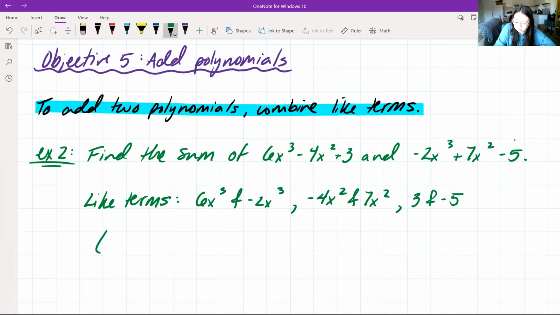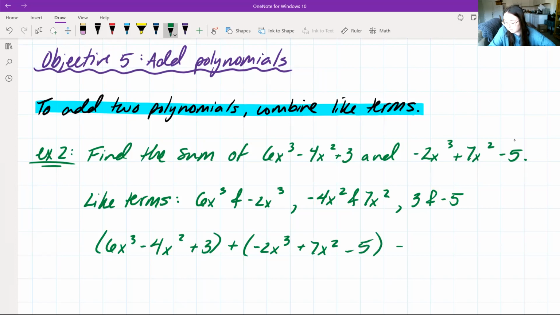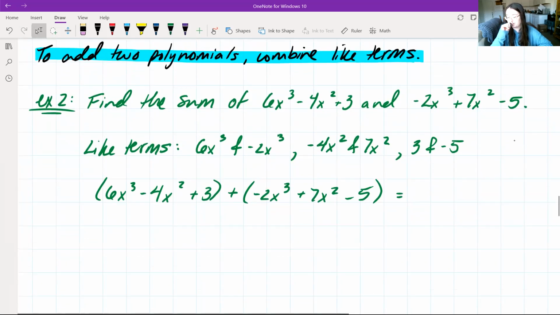So if we want to find the sum, this means that we are taking 6x to the power of 3 minus 4x squared plus 3, and we are adding -2x cubed plus 7x squared minus 5. And we want to solve for this value. And we want to combine our like terms. So let's go ahead and do that.